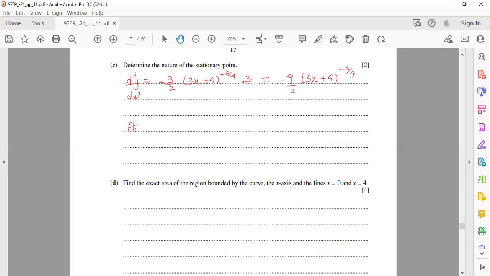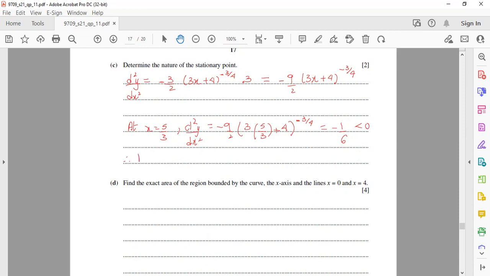So at the stationary point, at x is equal to 5 over 3, d squared y by dx squared is equal to minus 9 over 2 into (3 times 5 over 3 plus 4) to the power of minus 3 quarters. This gives minus 1 upon 6. So minus 1 upon 6 is less than 0. This means that the stationary point is a maximum.